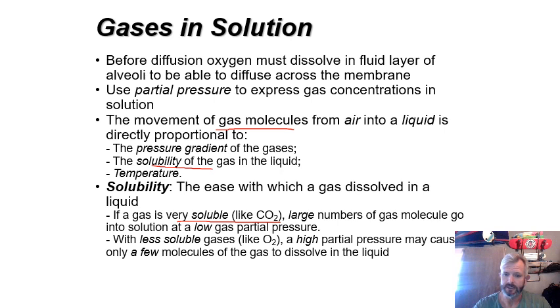So that's going to change the actual concentration. I can have 100 millimeters of mercury of gas partial pressure here, and 100 here, but the concentration is higher here than it is actually in the gas because of the solubility of that gas into the liquid.